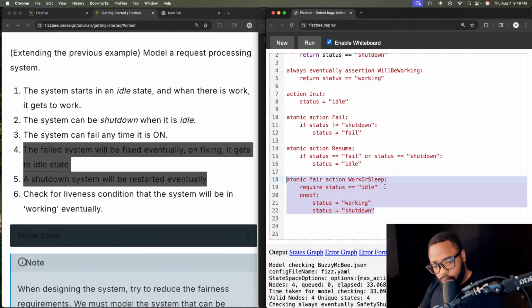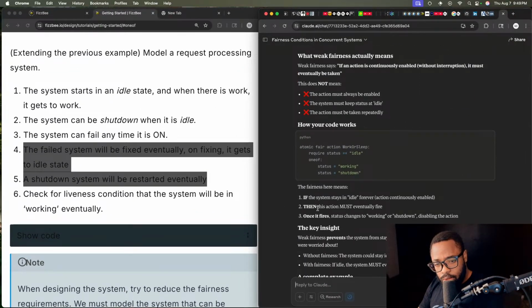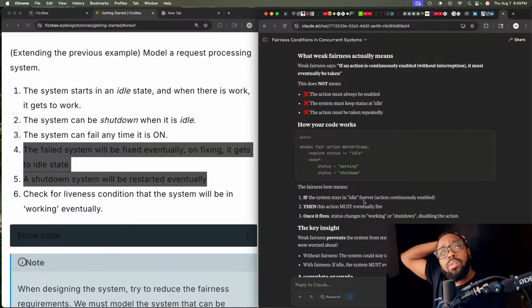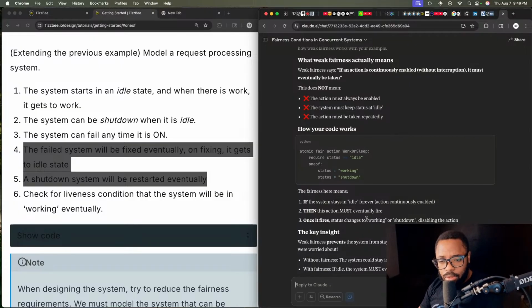If the action is... no, if the status is in idle forever, oh, so it's not the action's enablement itself. Wait, no. I think I get it, but it's not crystal clear.